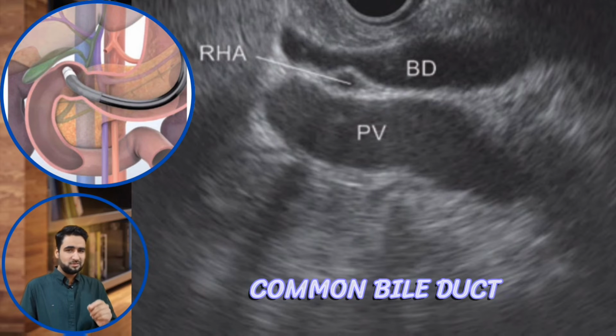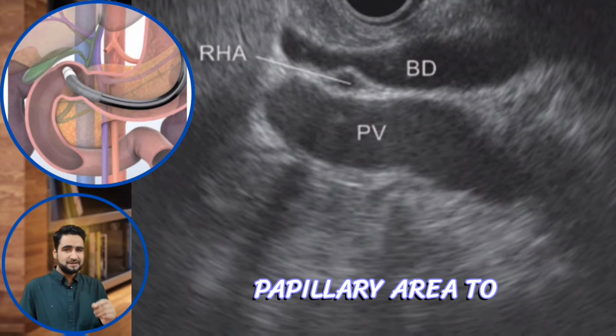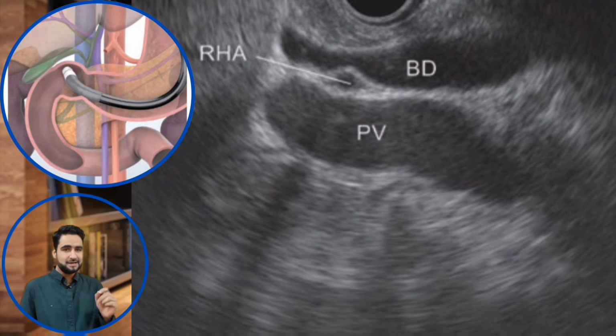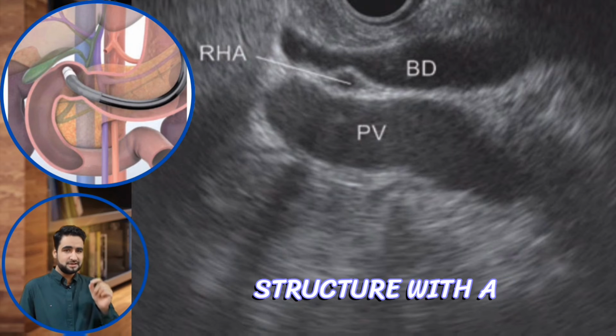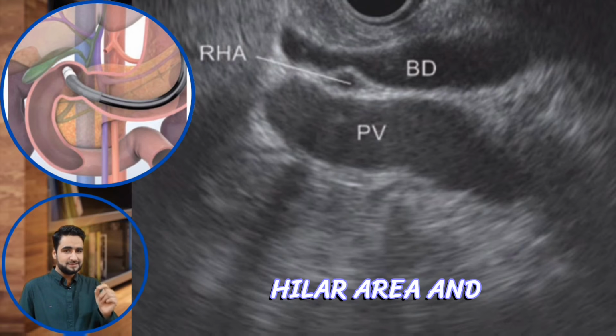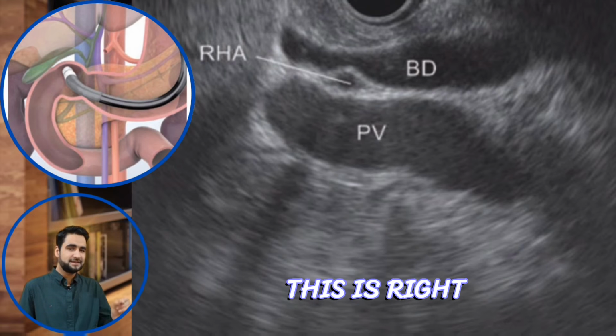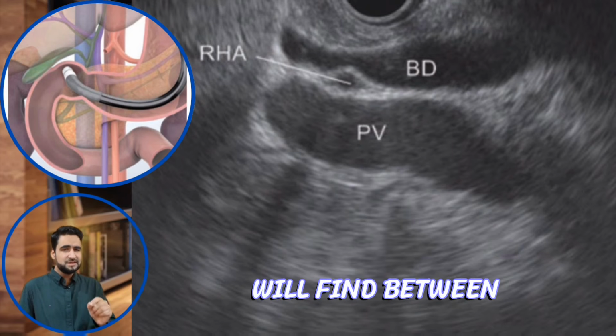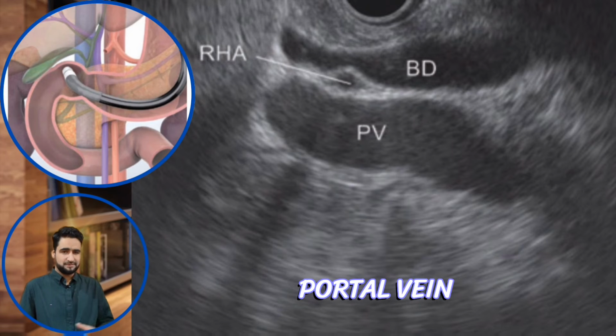While tracing the common bile duct from the major papillary area to the hepatic hilum, you can appreciate another anechoic structure with a thick wall in the hilar area, and this is the right hepatic artery. This artery you will find between the bile duct and main portal vein.